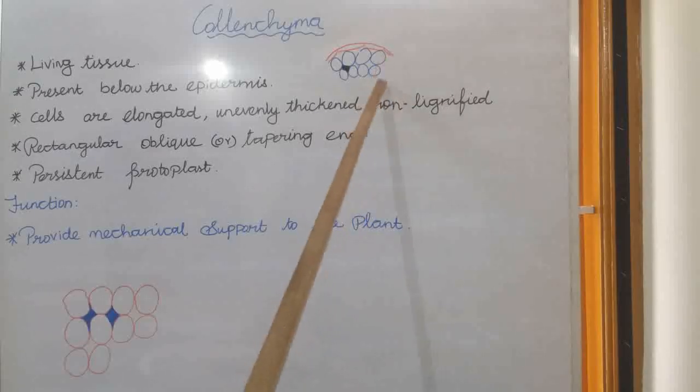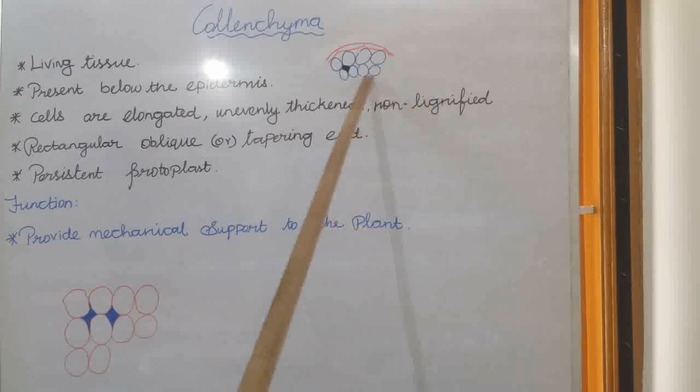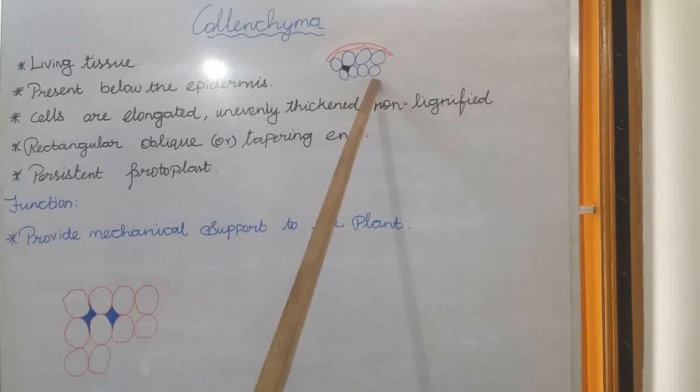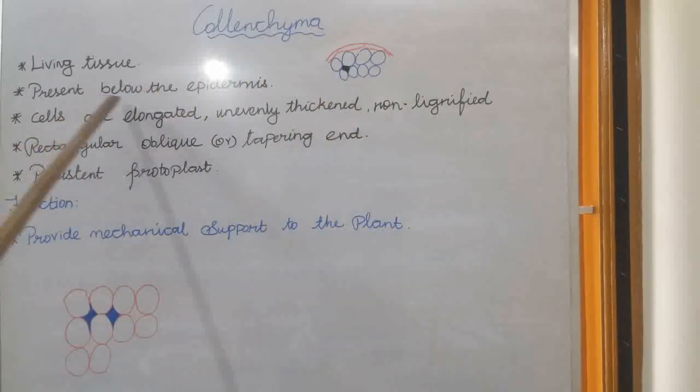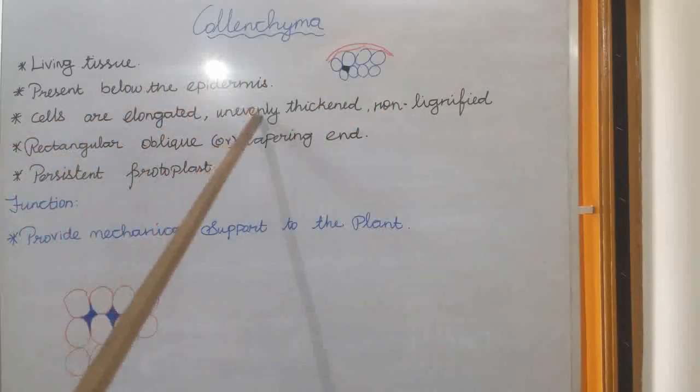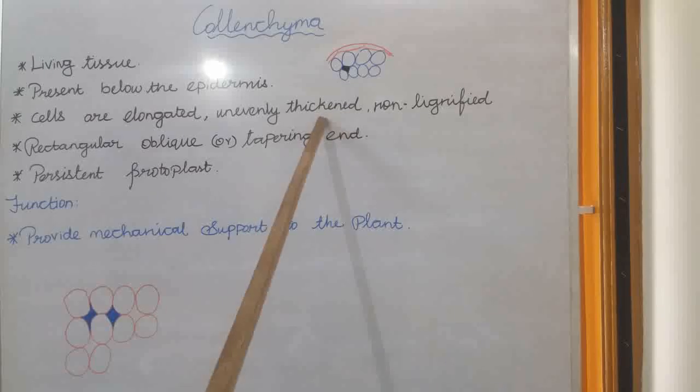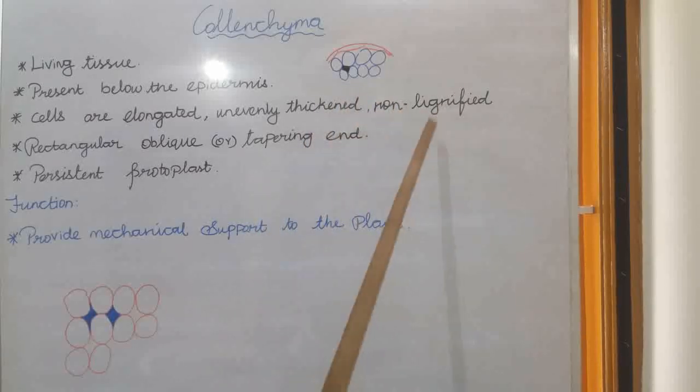Non-lignified means the cell wall does not contain any deposition. So what is the nature of the cell? It is elongated, with uneven thickening, non-lignified cells.